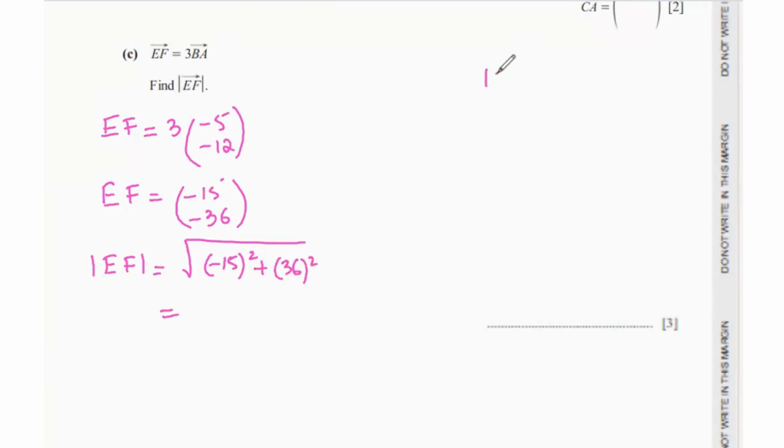So 15 squared is going to be 15 times 15, which is 225.